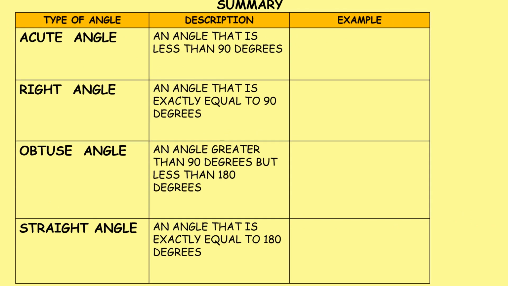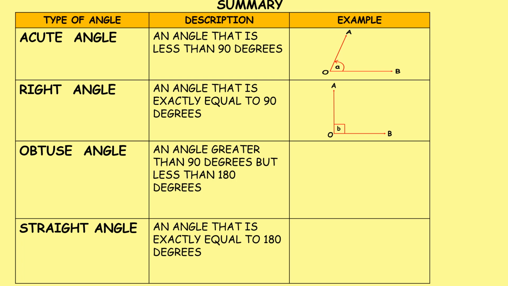So let's look at the summary of the angles we have looked at. We look at the first one on top. We see the acute angle, an angle that is less than 90 degrees. As you can see, angle A is less than 90 degrees. Then we look at the second one, which is the right angle, an angle that is exactly equal to 90 degrees.